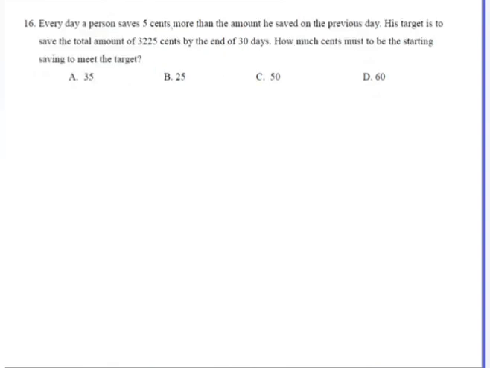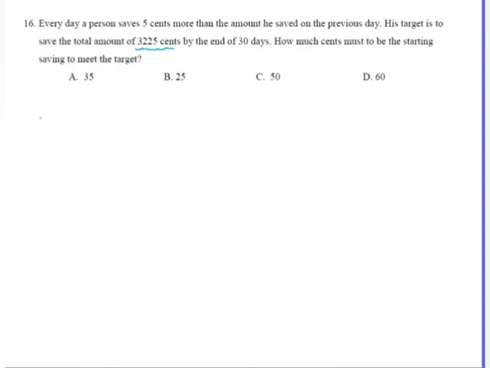Every day, a person saves 5 cents more than the amount he saved on the previous day. His target is to save a total amount of 3,225 cents by the end of 30 days. How many cents must the starting saving be to meet the target?